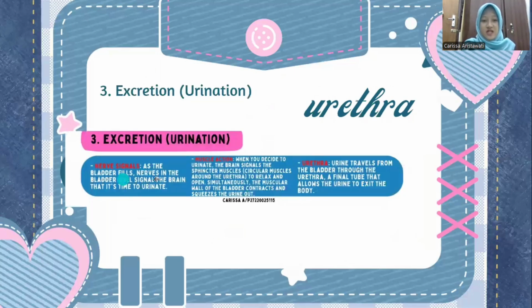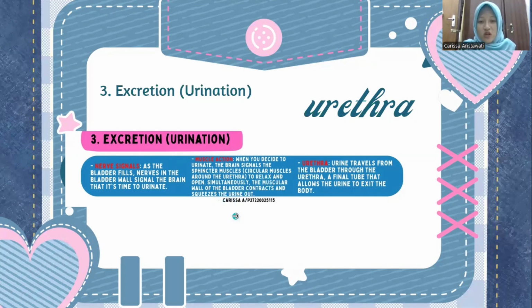As the bladder fills, nerves in the bladder wall signal the brain that it's time to urinate. When you decide to urinate, the brain signals the sphincter muscles to relax and open simultaneously.